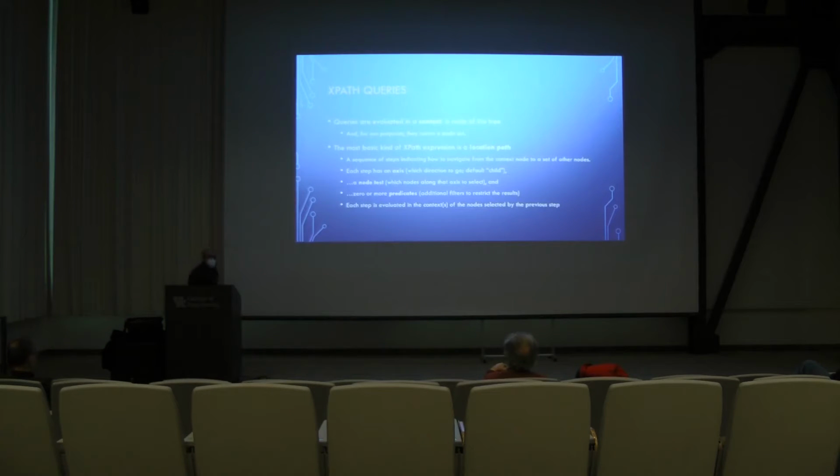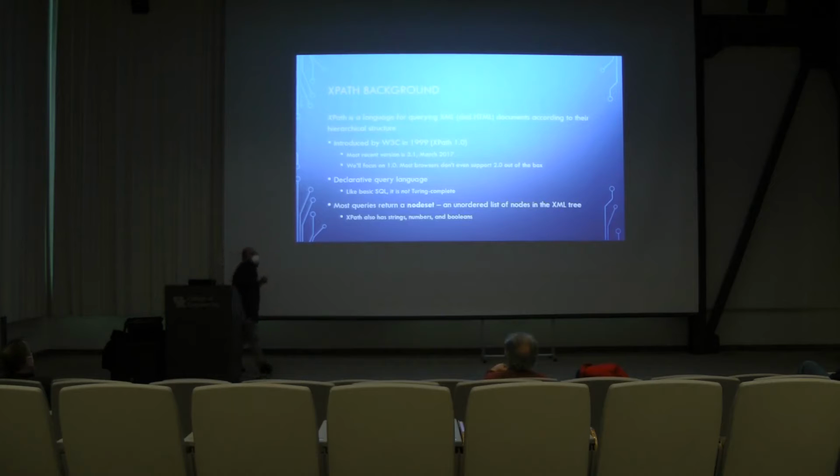So XPath has been around for a pretty long time. It's only about a year younger than XML, or at least the official standard is only about a year younger than XML's official standard. So that's XPath 1.0. XPath has had several revisions since then, the most recent being 3.1, but I am going to focus on XPath 1.0, that version from 20 years ago.